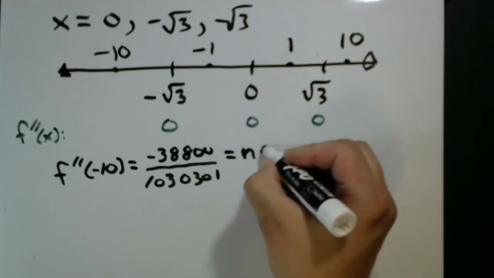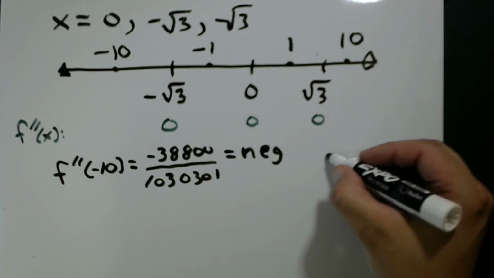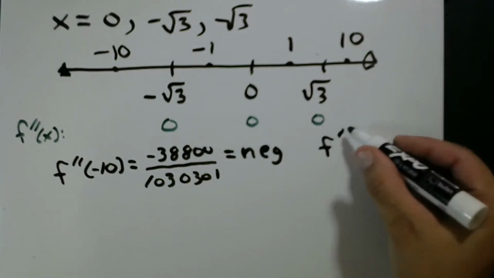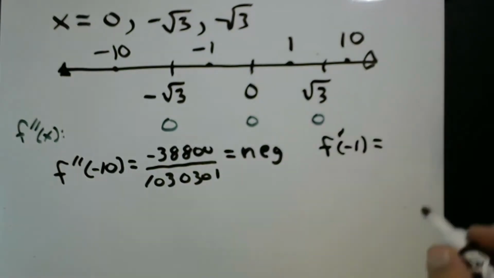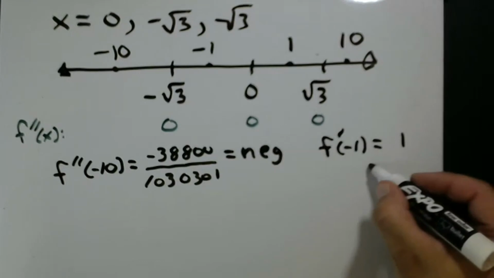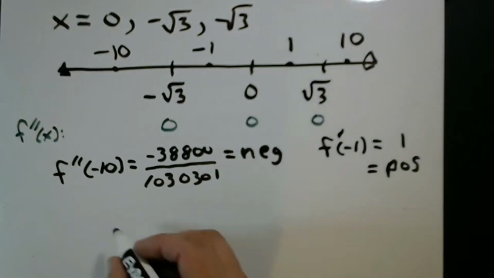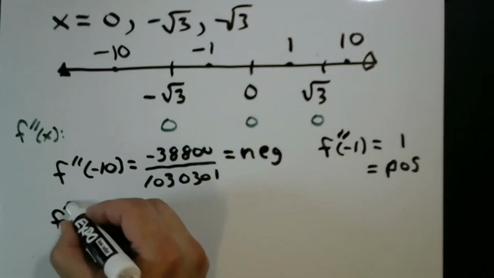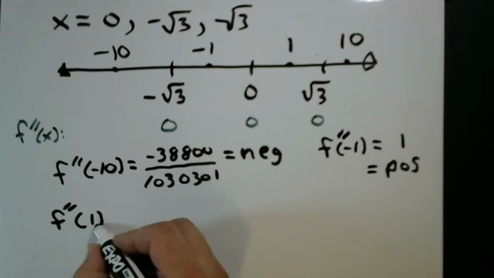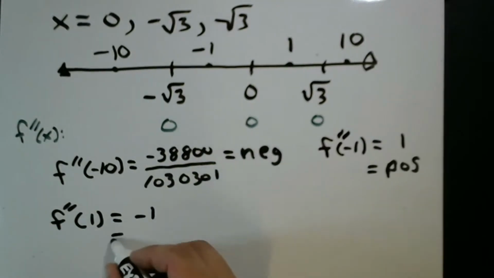But the key thing here is it's negative. Now, if we do f double prime of -1, we're going to get a positive. And f double prime of 1, we'll get a negative.